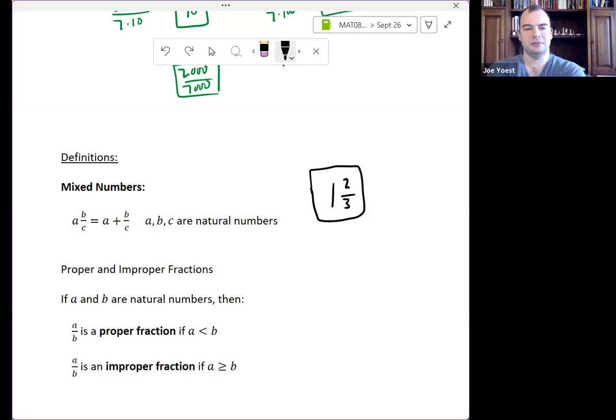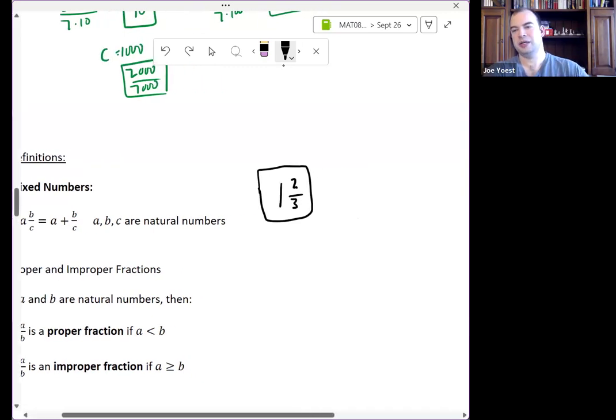One somewhat unfortunate thing about this notation is almost always in math, when we omit the explicit operation, like if I have 3x, I mean 3 times x, right? Or if I have a 4 next to a 3 in parentheses, that's 4 times 3 or 12.